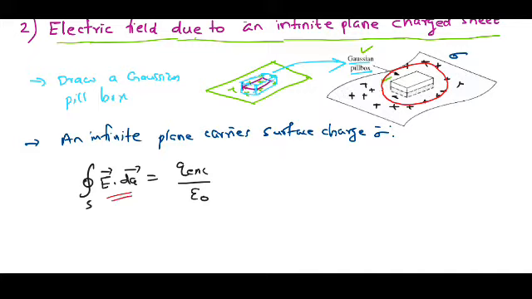Then how can we find it out? This pillbox consists of the side surface. That surface area vector is dA. If this is a surface area, then the surface area vector will always be perpendicular to the plane of the surface.